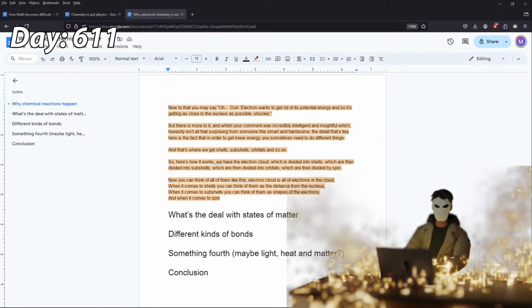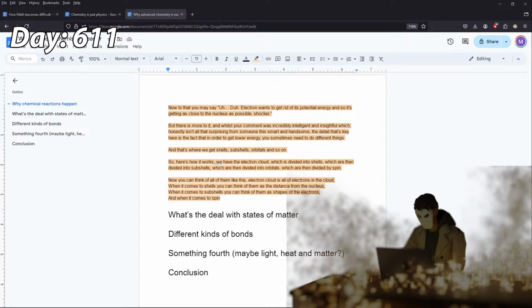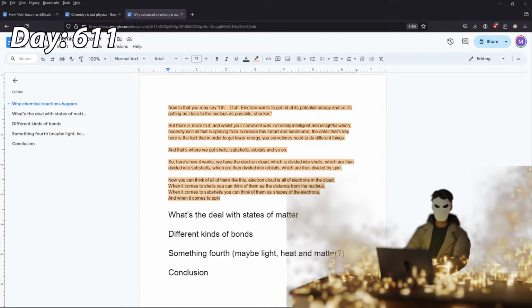I'm looking for a note. No, that's different. I'm looking for a document, my research document. Problem is, all of them are just called random things.